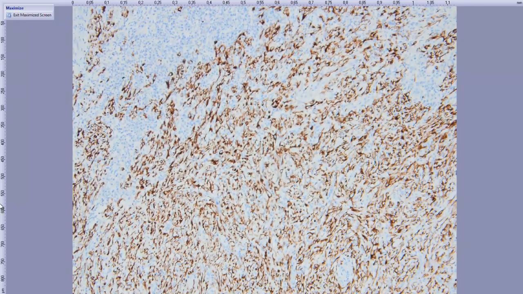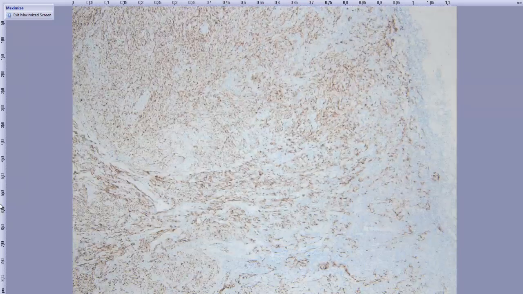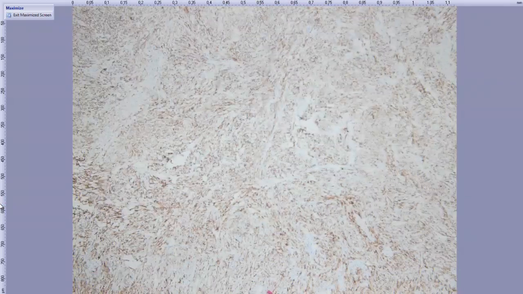We have diffuse keratin expression. So we decided to look at the history, and we learned that the patient had already had malignant mesothelioma in his medical history, and this lesion turned out to be a metastatic mesothelioma.